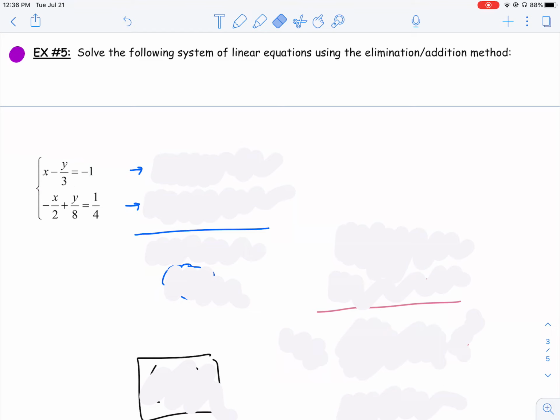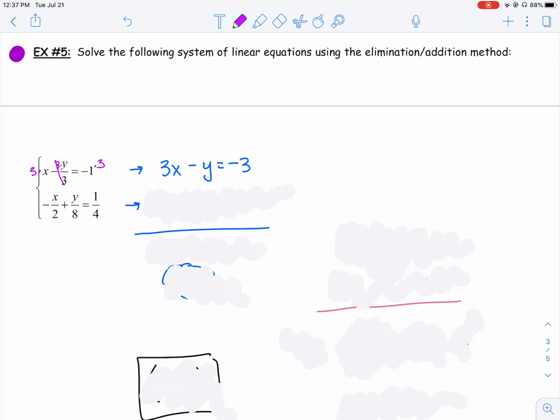So I can get rid of the fractions by multiplying every single term by 3, as long as you do it to everybody, right? And so when I do that, I end up getting the equation 3x minus 1y equals negative 3. The 3 and the 3 divide into 1, and you can put the 1 there if you'd like to.